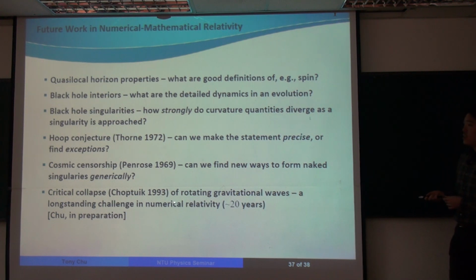And in particular, for critical collapse of rotating gravitational waves, this has been a long-standing challenge in the field. More than 20 years, people have tried and failed. And so this is actually a project that I'm currently working on right now.